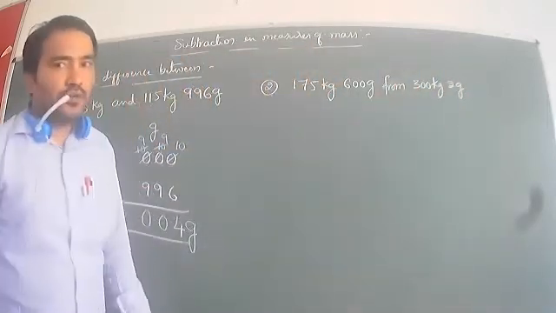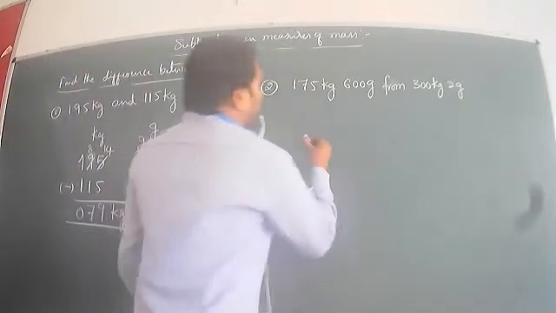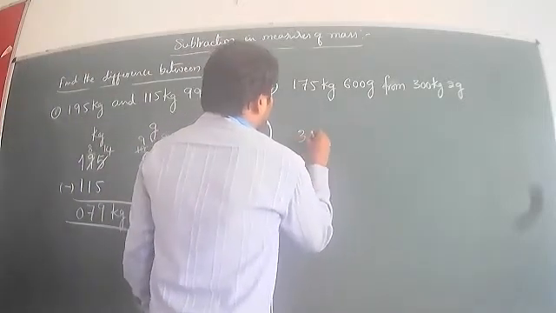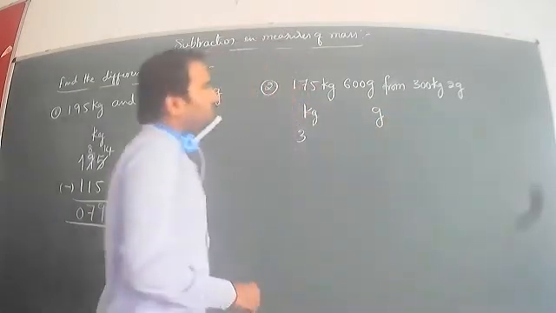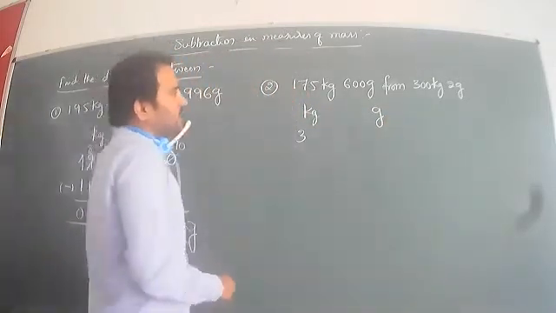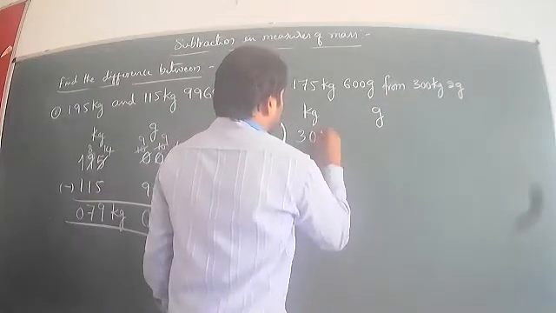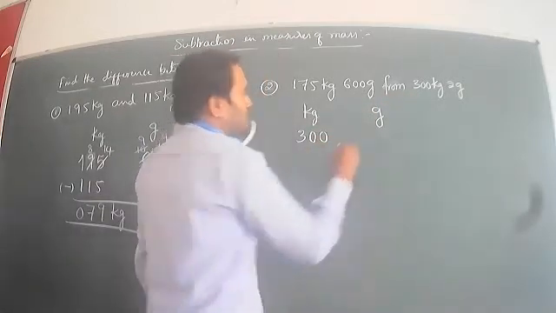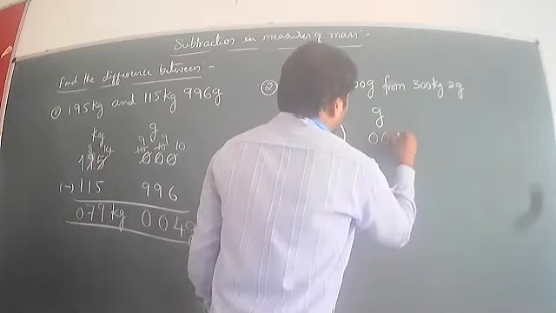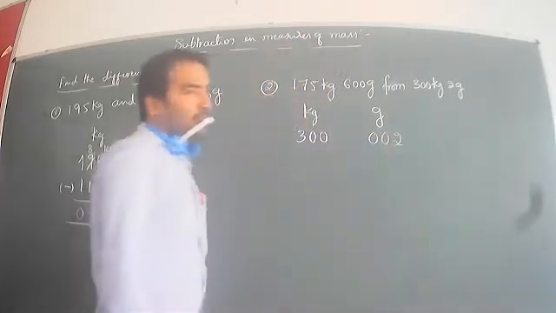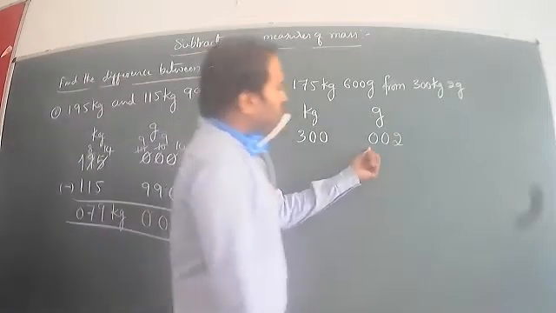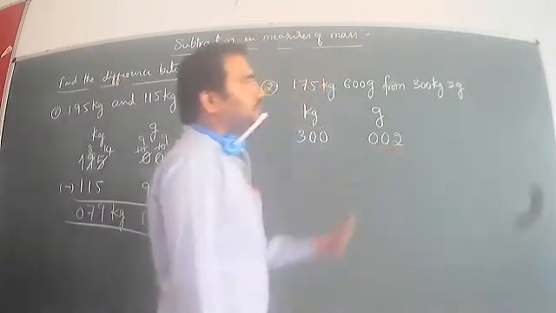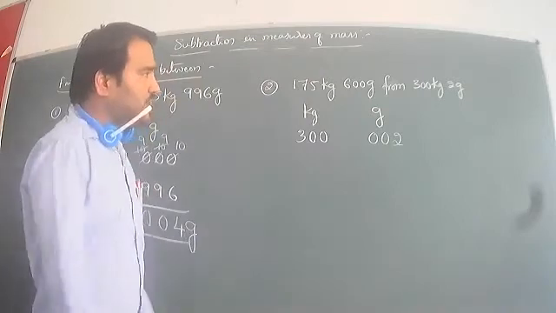Which is greater? 300 kg is greater. First write kg and gram. 2 gram we should write as 002, because there is no hundreds place and no tens place, only the ones place, 2 gram.